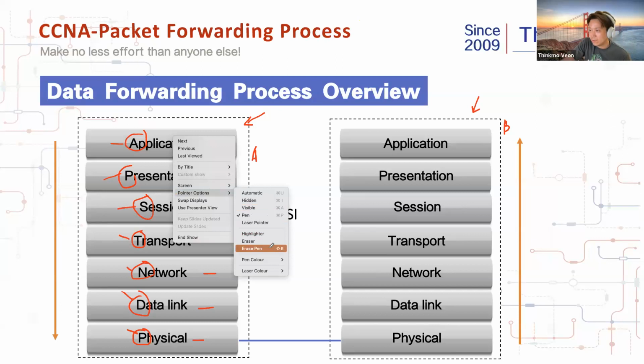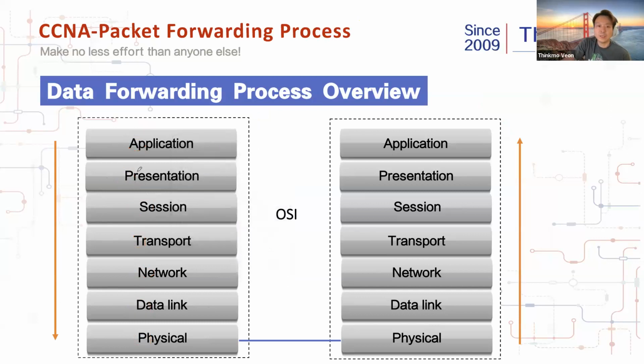Let me erase everything. The way to remember it, you can also use your own way. Today, the most important part is not to remember the OSI model. I'm going to utilize this model to tell you how data is forwarded from one host to the other.